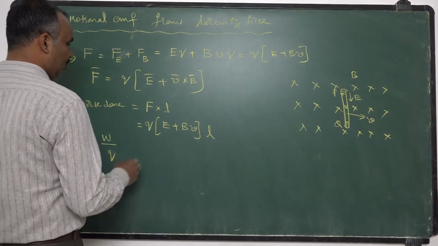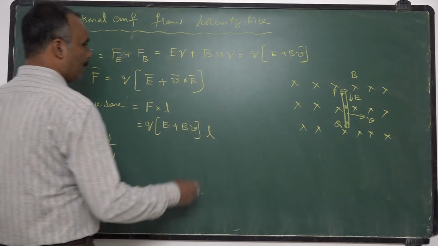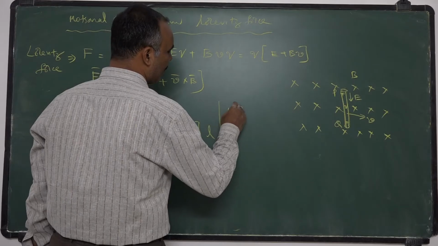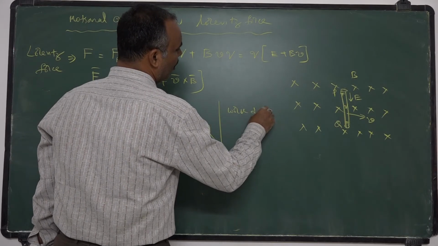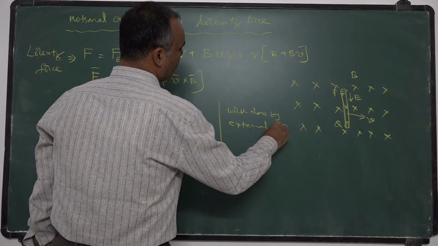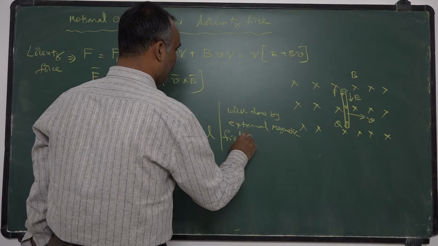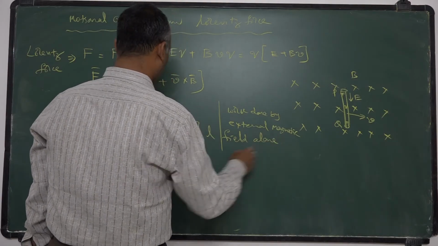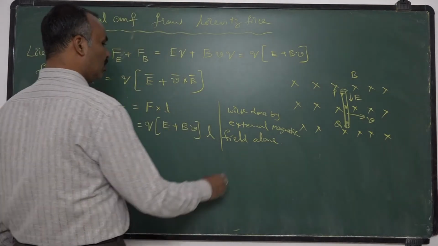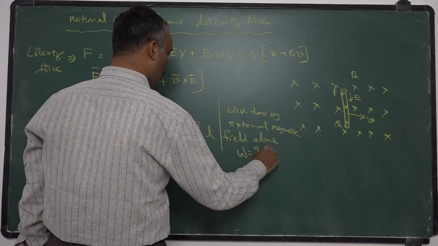If I consider work done by the external magnetic field alone, that means you need not consider the electric field. So work done is given by Q into BVL.